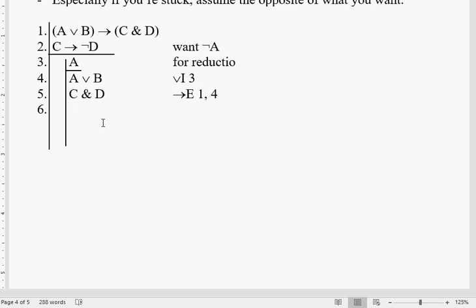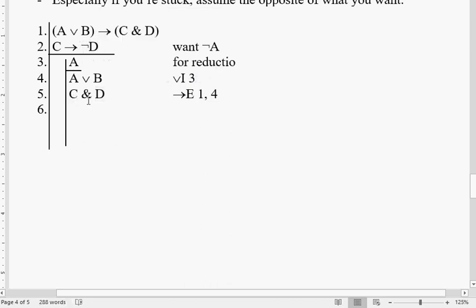I'm just going to think about this. If I made an assumption for reductio here, I'm going to need, officially, to use that rule, I should have a statement and its negation on consecutive lines here. And what I'm thinking here is I could get D from here, and with my C, I could get not D here.